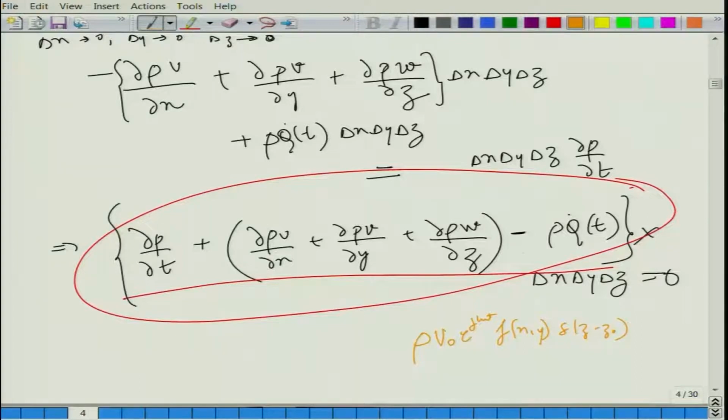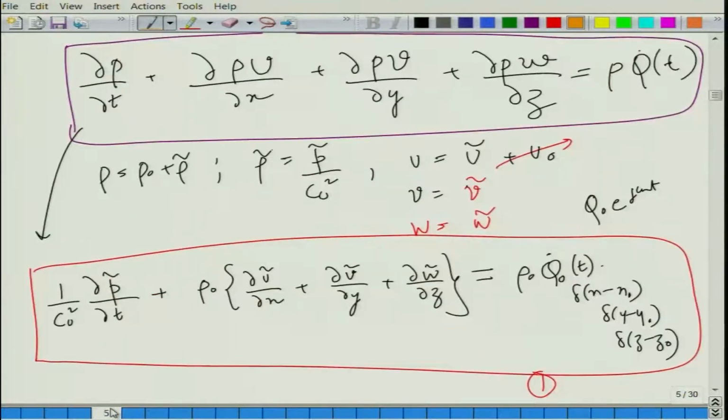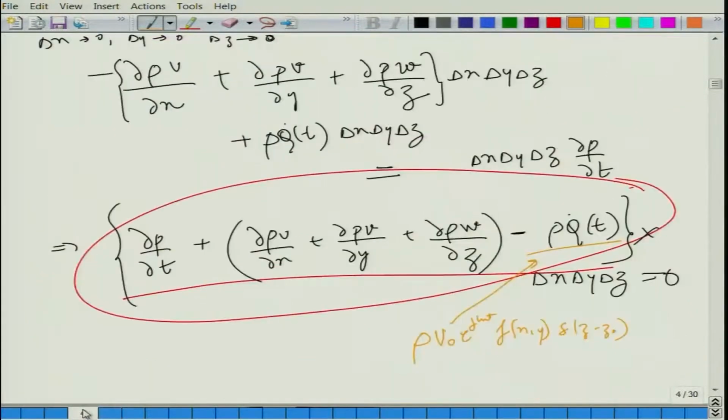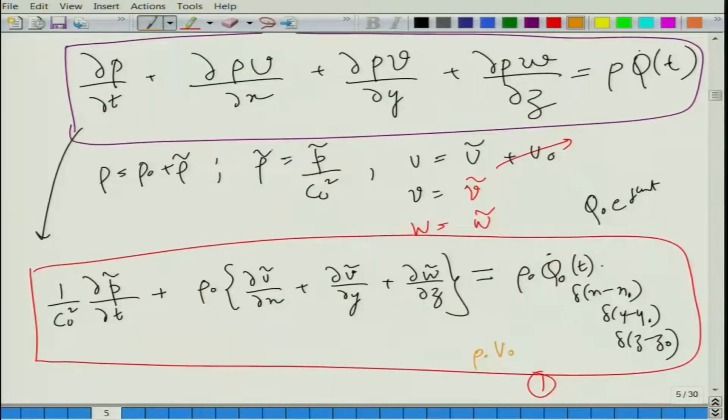Instead of this term, you will have this term in the bracket. As usual, these things will be there. Instead of this, we will have rho naught into u naught, and I would say like this f x y, something like this, and you will have this kind of a term.